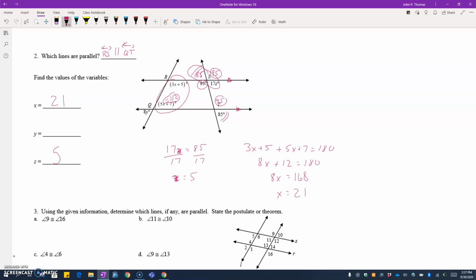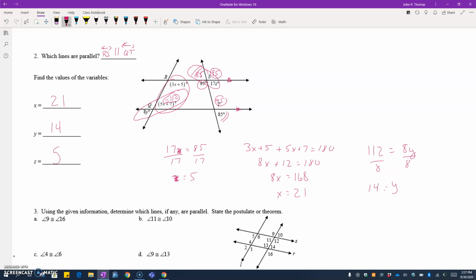In this one, it looks acute, but it's actually 112, so that's really an obtuse angle. We have vertical angles, so I'm going to take 112 equals 8y, divide both sides by 8, and that gives me my answer for y, which ends up being 14. So again, we're just working through the problem systematically.